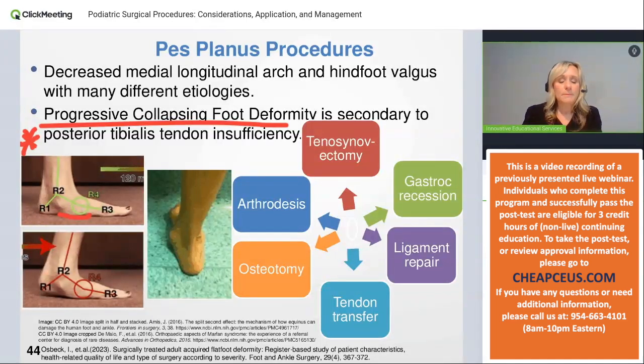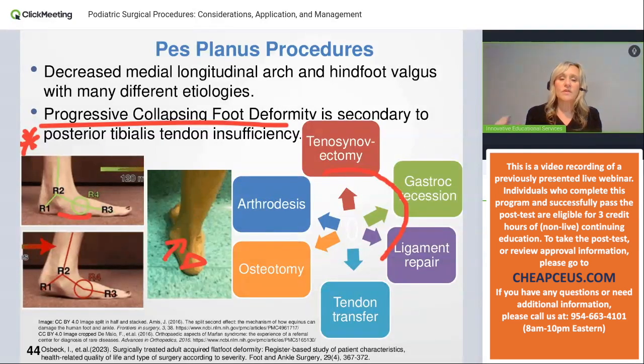So how we try to manage this and try to realign this calcaneus so then the arch can go back up for that patient: a tenosynovectomy, gastroc recession, or just repair of the ligaments that should be holding everything in place. Those procedures might be utilized if it's more of a mild case for the individual.